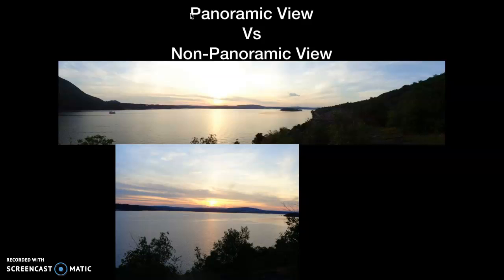And that's much closer to the reality that I was able to see looking out over the river. Alternatively, in the non-panoramic view, that's just taking a single landscape orientation shot of the Hudson River. So while they're both beautiful views of that same beautiful night, one of them feels much more like reality, and the other one feels much more like a photograph.